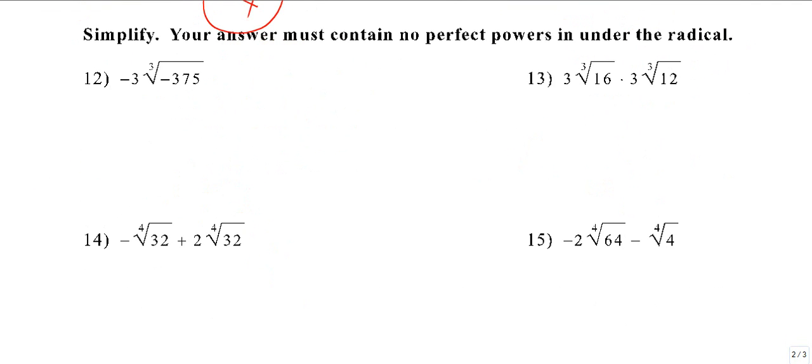Okay, moving to the next kind of problem. I have a negative under the radical, but I have an odd index, so that works out okay. Let's go ahead and factor 375. See what that comes out. So taking a 5, that would be 75, 5, 25, 5, 5.